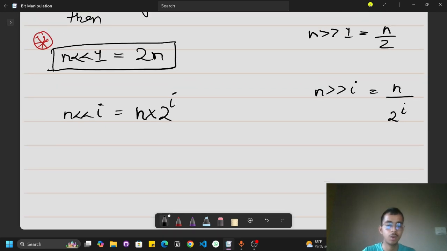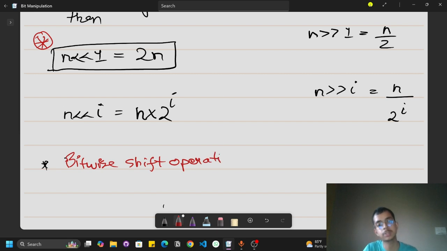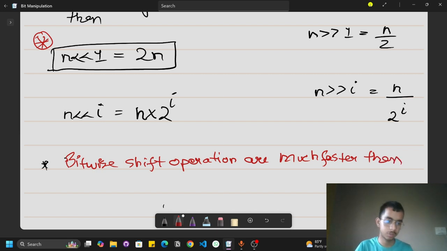Another thing: why do we do it like this? You can always multiply and divide. I'll tell you. Bitwise shift operations are much faster than normal operations.